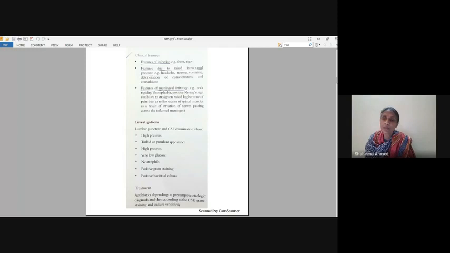Then the other group is due to the raised intracranial pressure. The signs and symptoms associated with increased intracranial pressure are headache, nausea, vomiting, papilloedema, deterioration of consciousness, and convulsions.